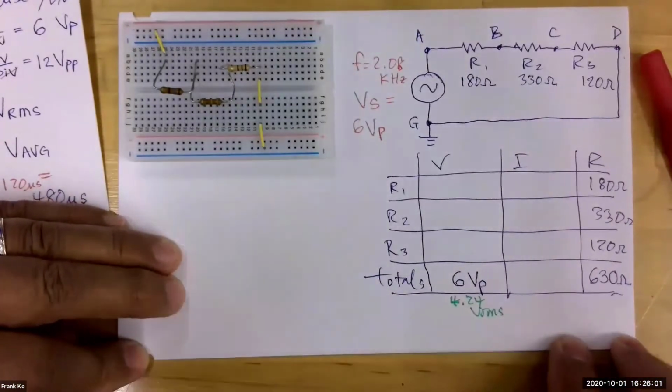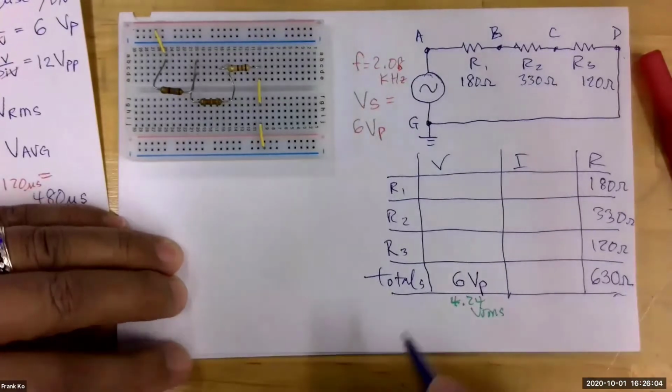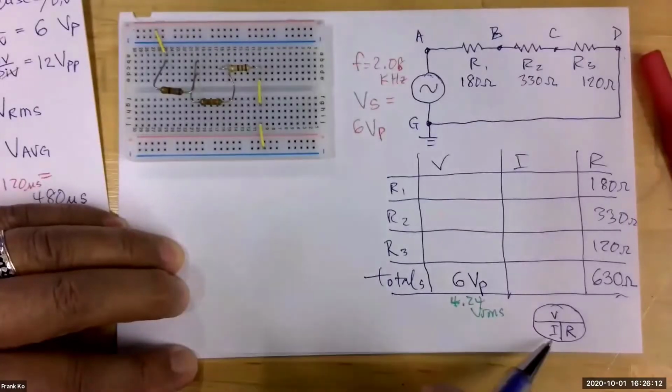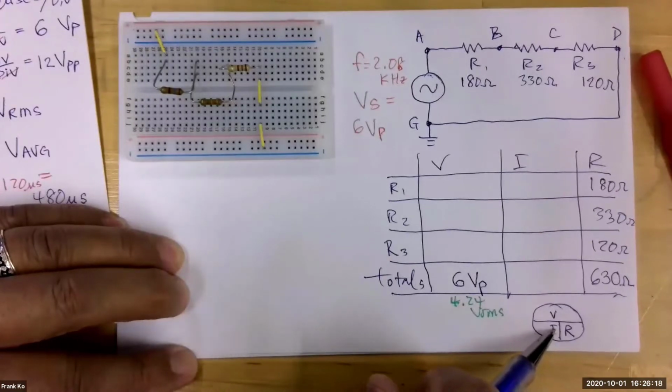What method do I use to calculate current? Ohm's law. So right there, my friends, Ohm's law, V, I, and R. So if I'm looking for the I, what do I need to do, Robert? Cover the I. So it would be V over R. Excellent. So V over R.